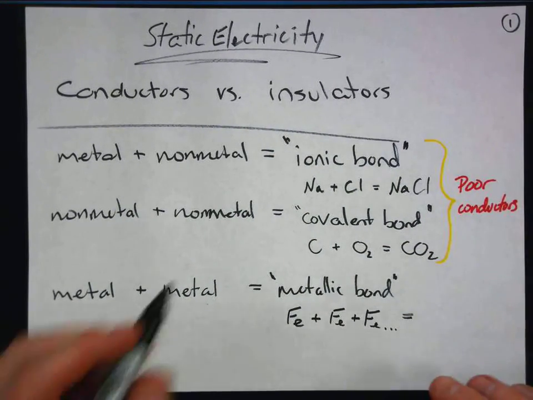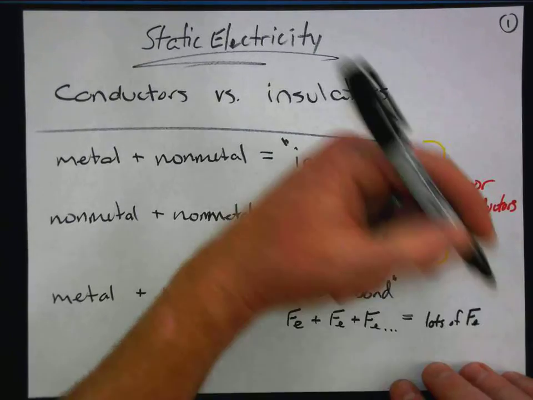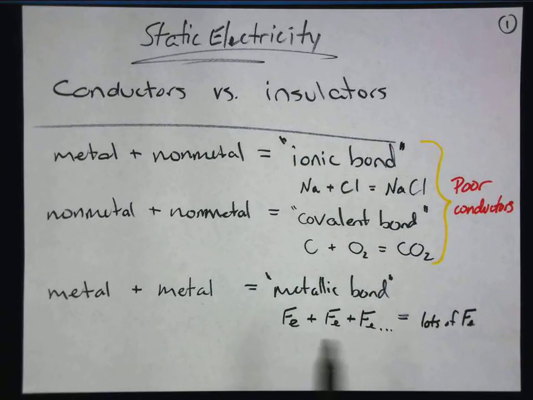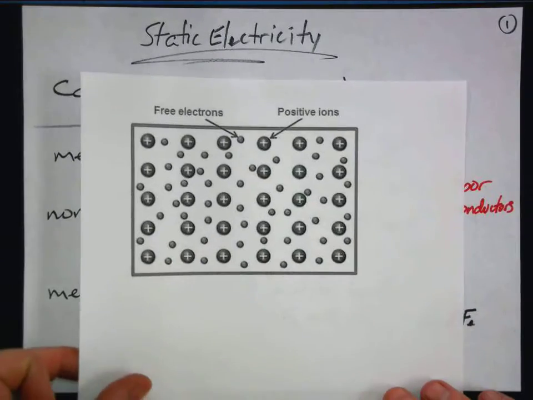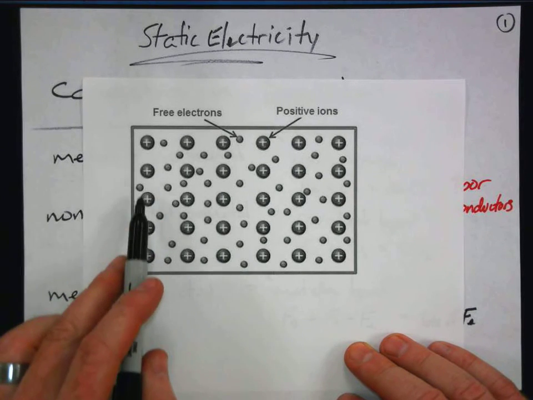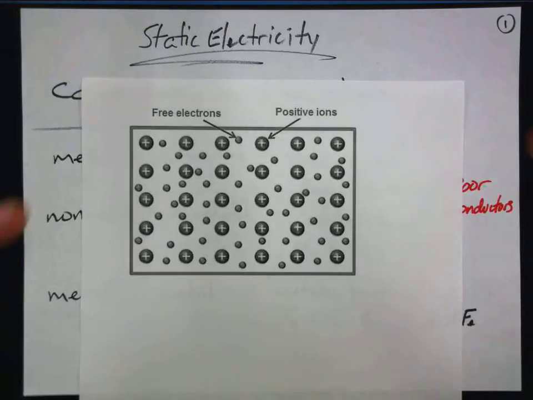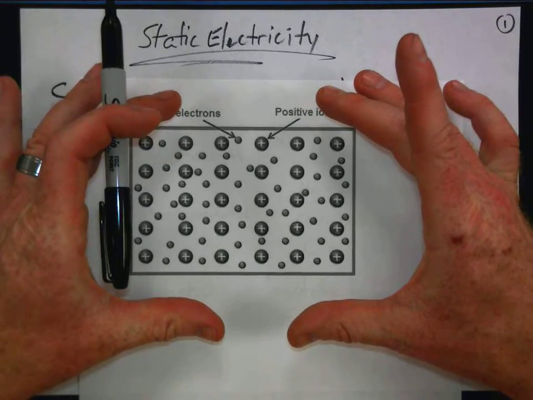There's no specific chemical formula here for this necessarily, not for our purposes anyway, because what this ends up looking like is something like this, where you might have all those iron atoms bonded together in this chunk of iron that you've got.